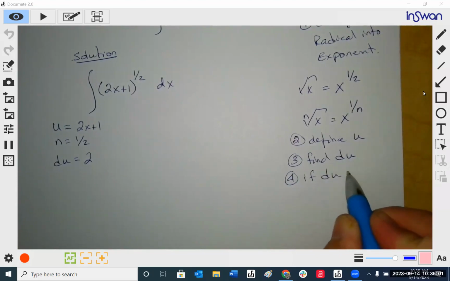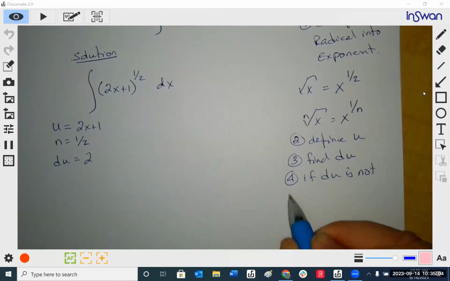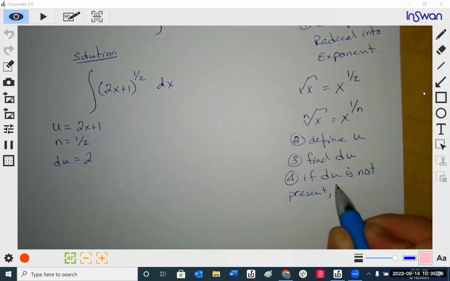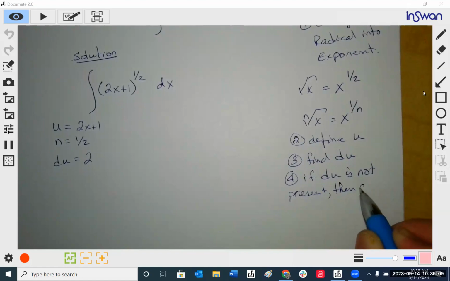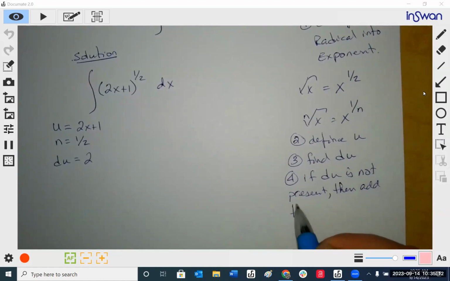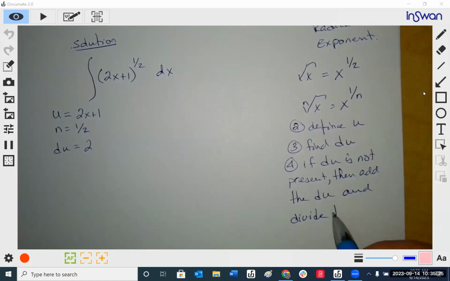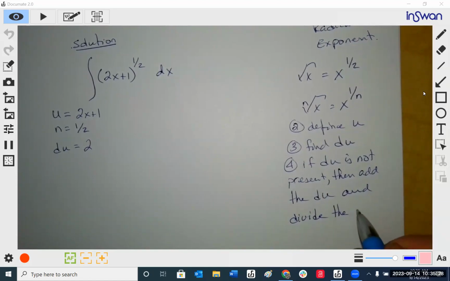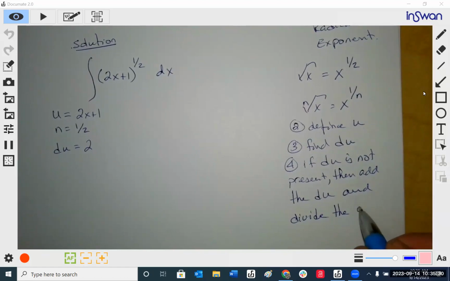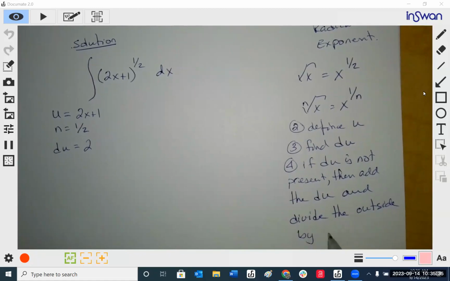If du is not present, then add the du and divide the outside by du.